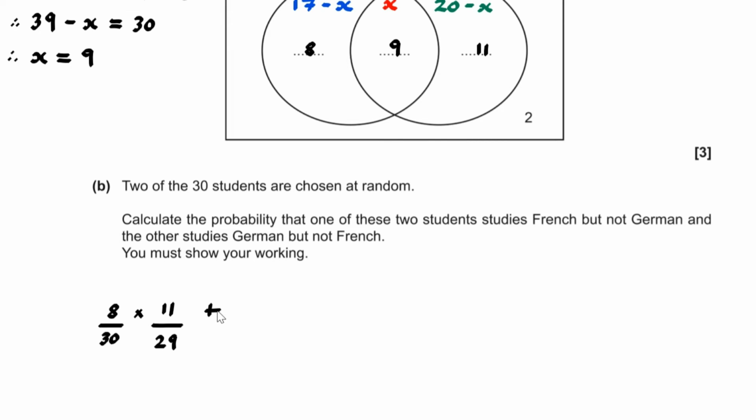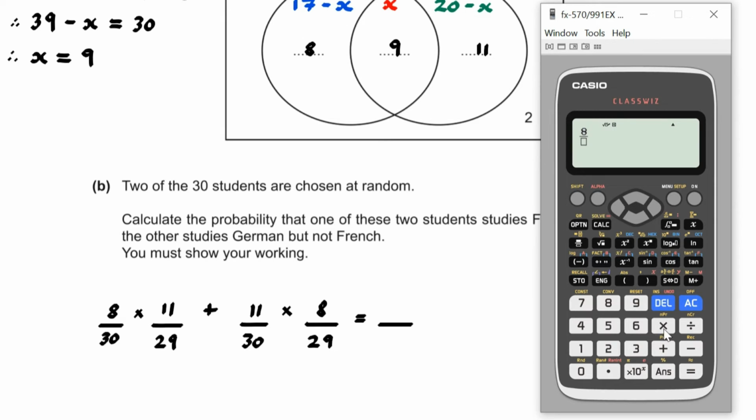Or we could have this the other way around, where instead we say, out of the 30, 11 of them study German only, and then we've already chosen one of the pupils. That leaves 29 remaining. Of those 29, 8 of them study French only.